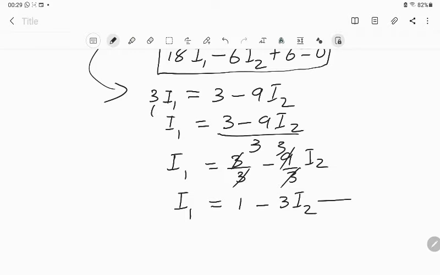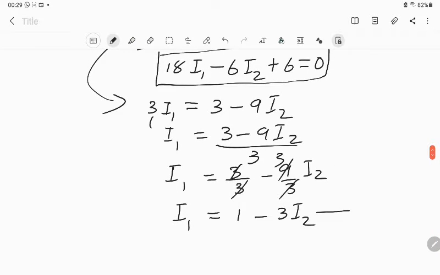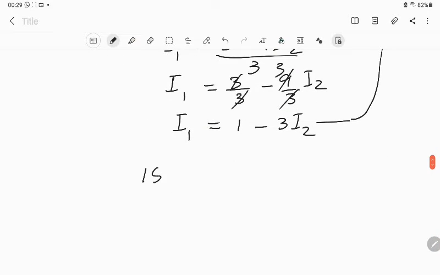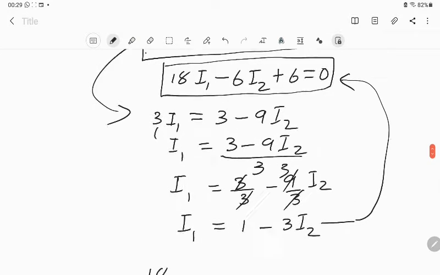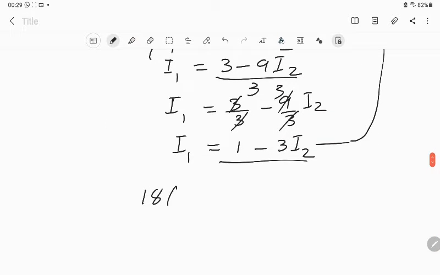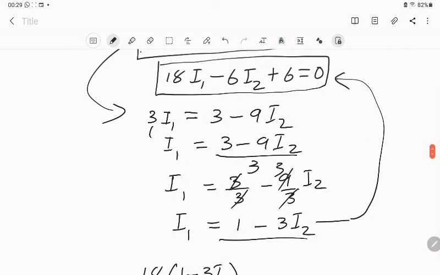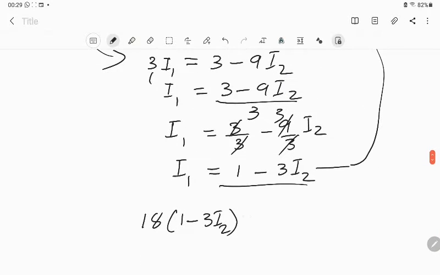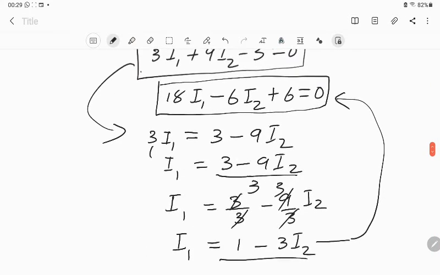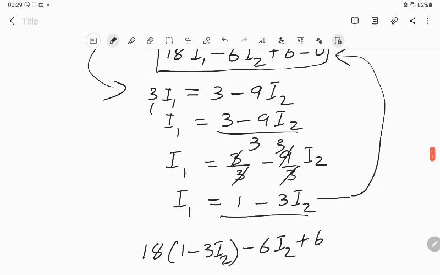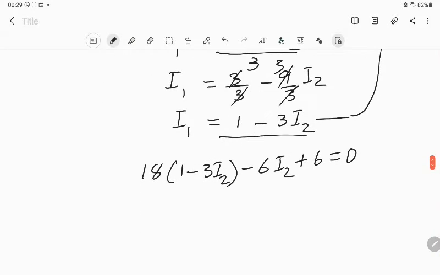So this is I1. Now put this value here: 18 into I1, which is 1 minus 3I2, minus 6I2 plus 6 equal to 0.